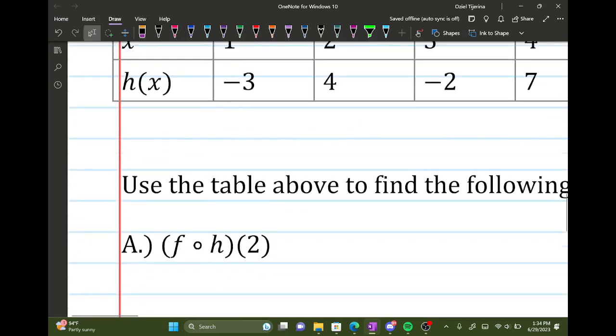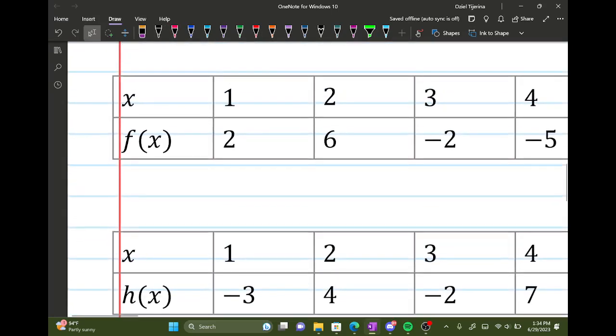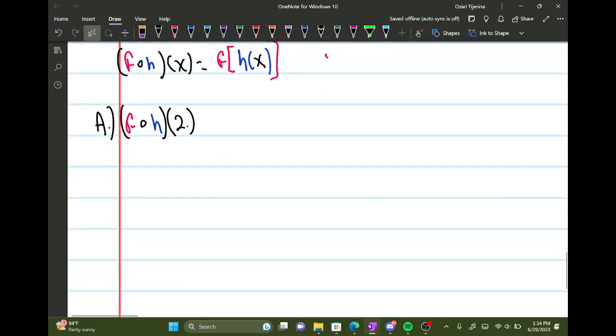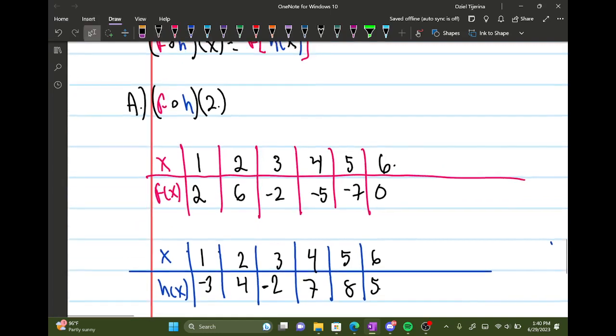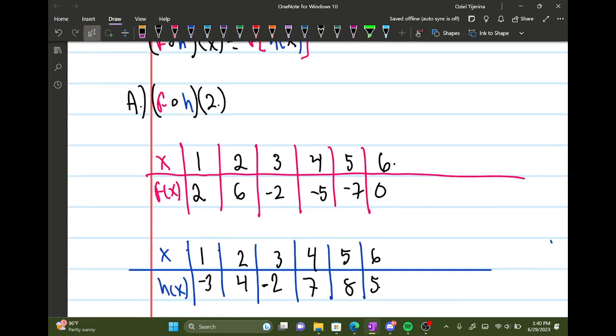Looking at the table, let me go ahead and just quickly do this. Alright, so here we have the two tables. To find f composited of h of 2, this is really f of h of 2.